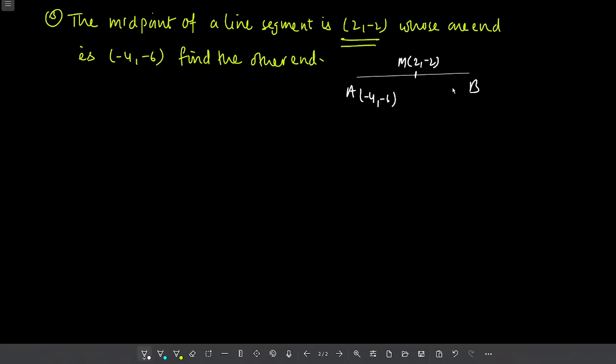We need to find the other end, B, so let's say it is (a, b) because it's not given.